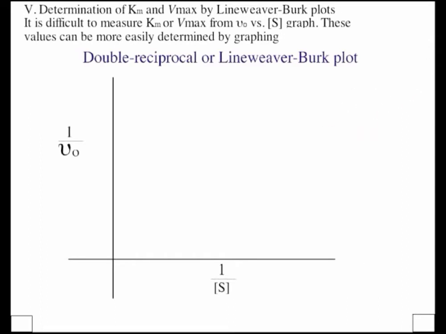Basically the double reciprocal is taken, by which we mean the value on the y-axis is the reciprocal of initial velocity, and the value on the x-axis is the reciprocal of substrate concentration. This allows the function to be much simpler. In fact, it is a line.